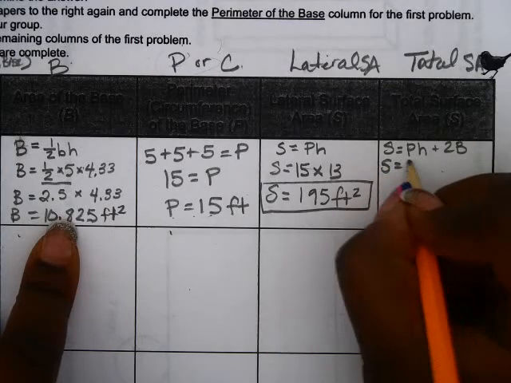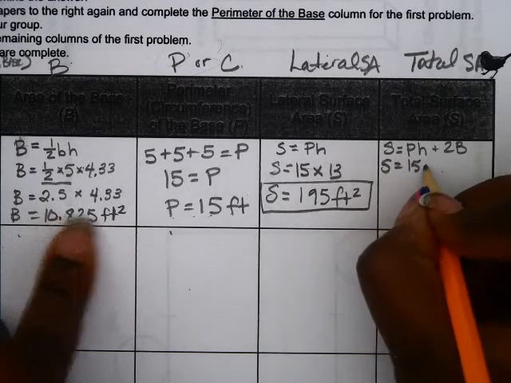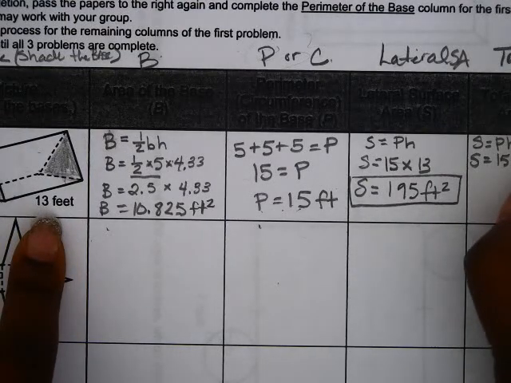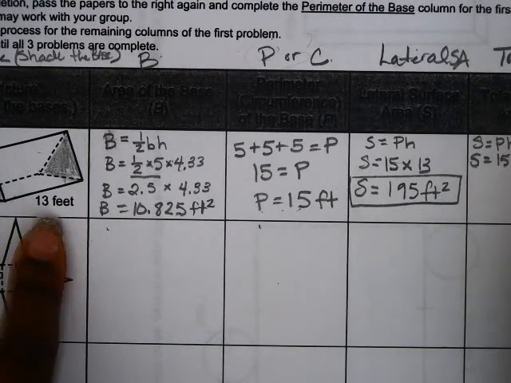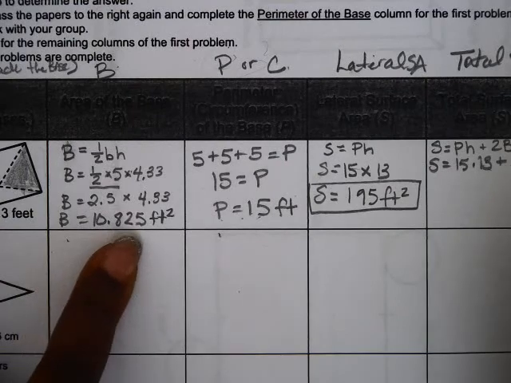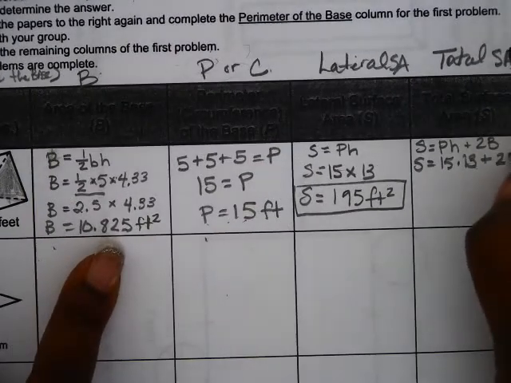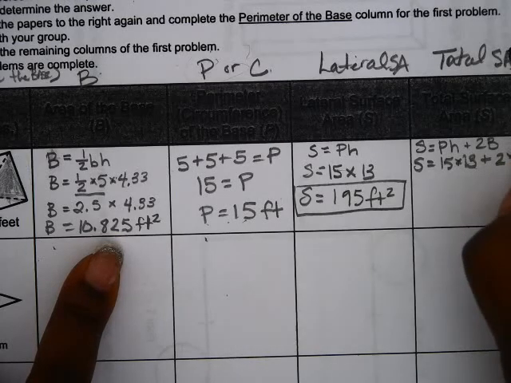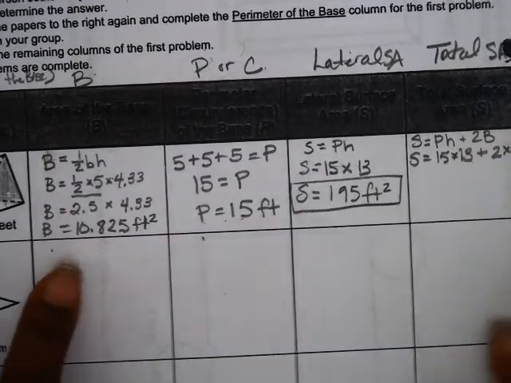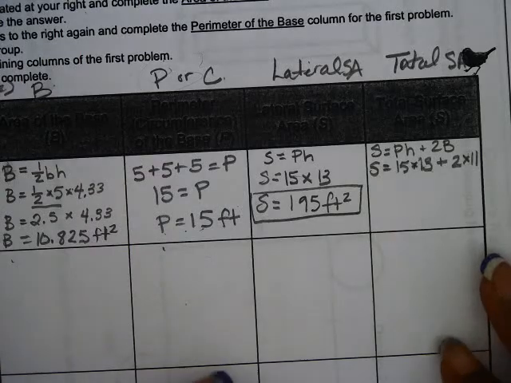S equals 15 times the height, which is 13, plus 2 times the area of the base, which is 10.825. And in this case, I'm going to allow you to estimate. We can do 11 because of the numbers, and I want you to get the concept first.